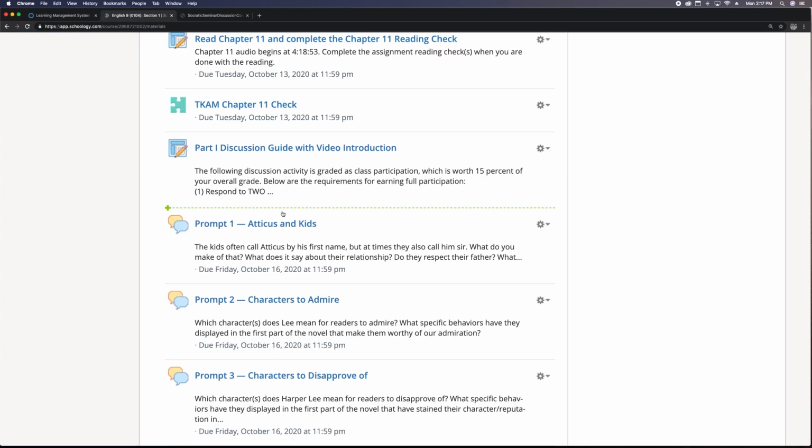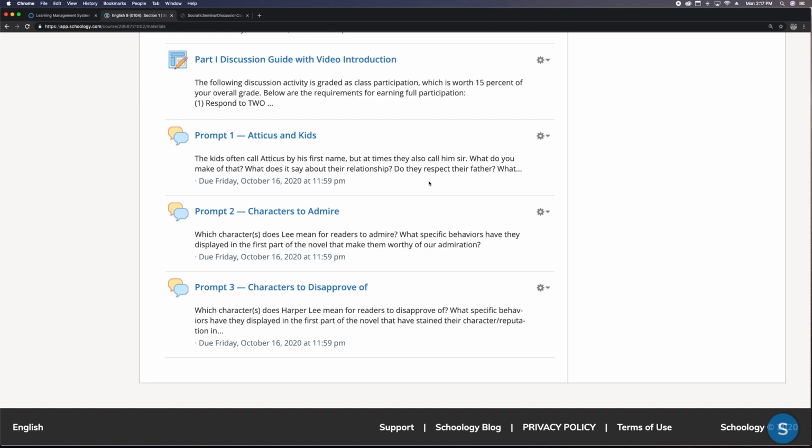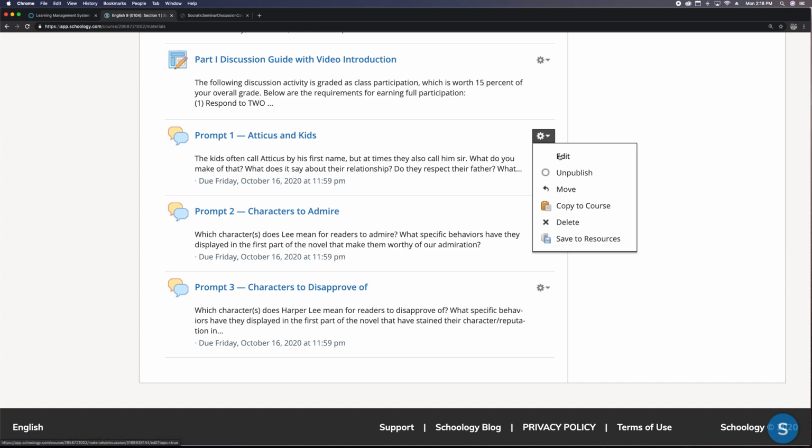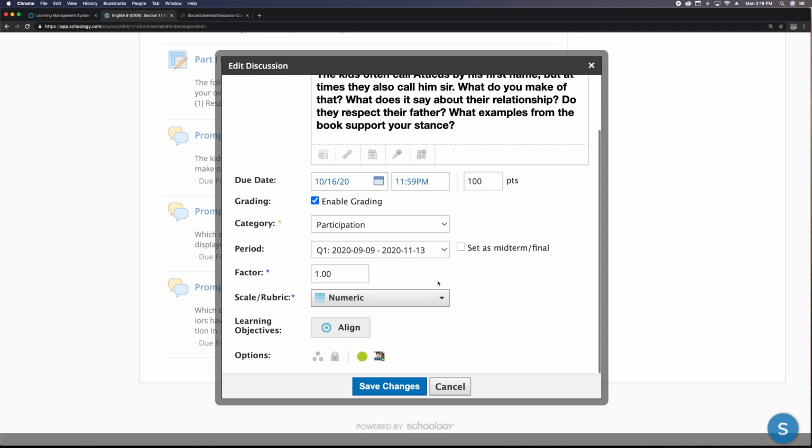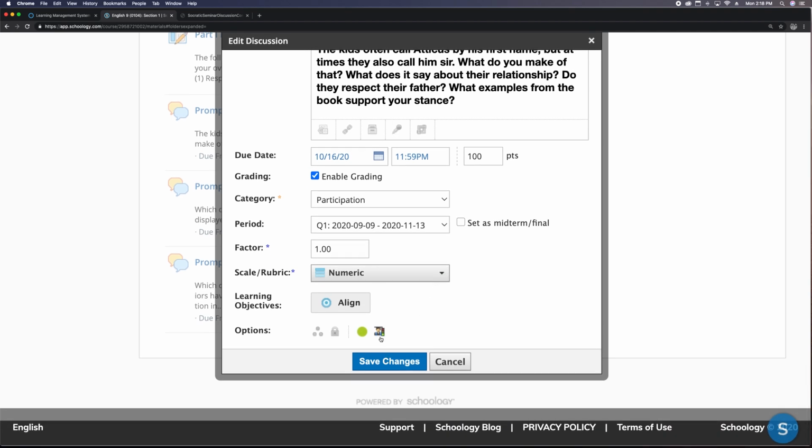So again, you have until Friday, by the time you go to bed, to respond to 2 of these 3 prompts. And what's happening right now, the way this is set up, is that you're being required to post before you can see other people's responses.